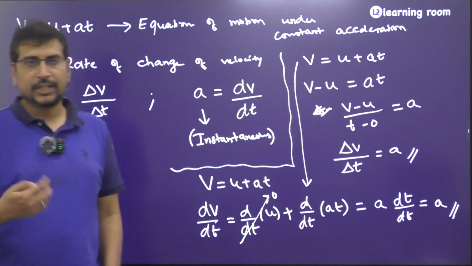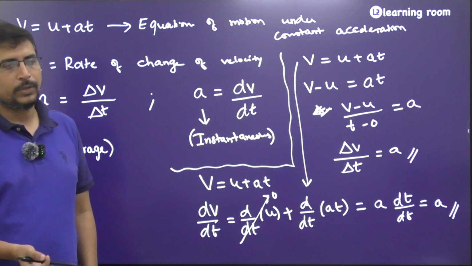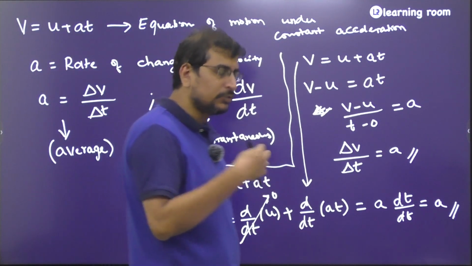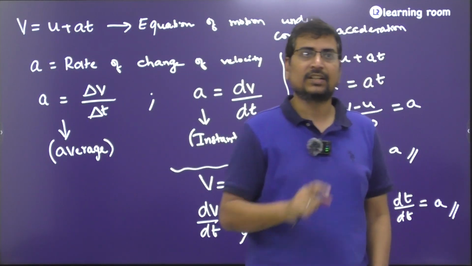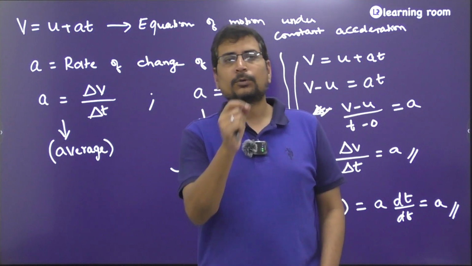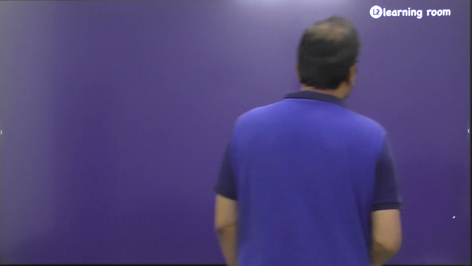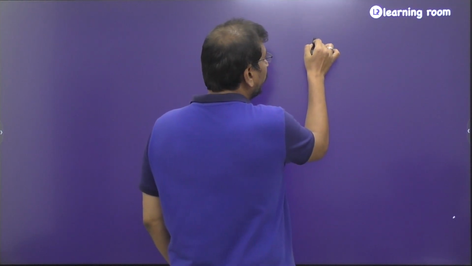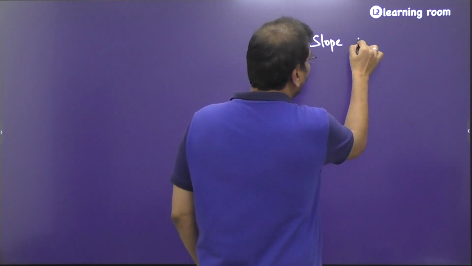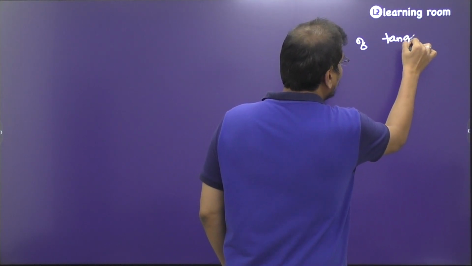When you differentiate a value, whether it is physics or mathematics, you are finding the instantaneous value. So the preposition used is very simple. I told you, differentiation is done to find the slope of the tangent.